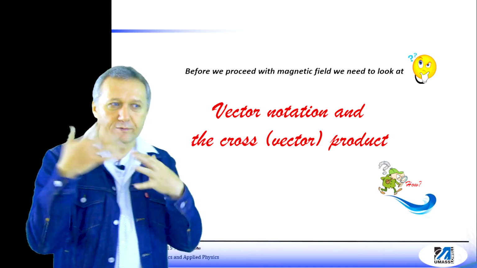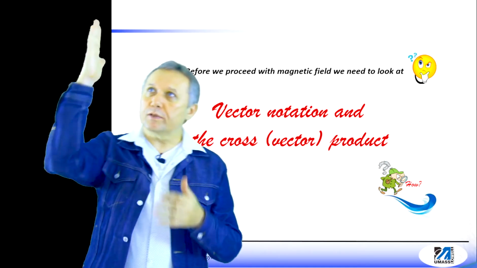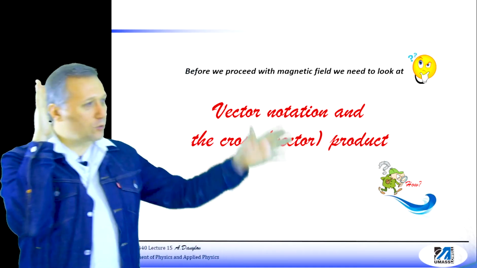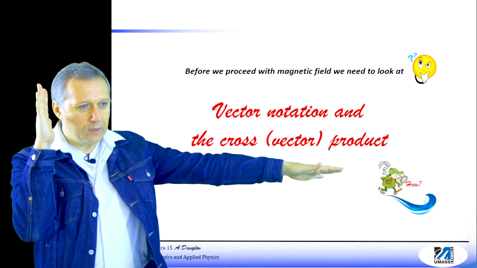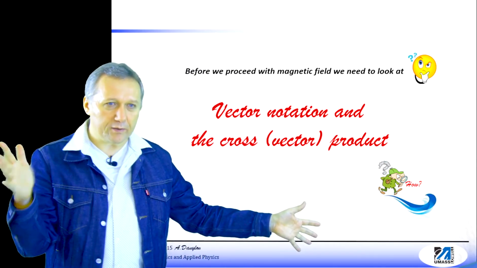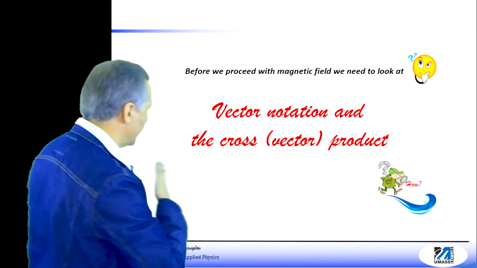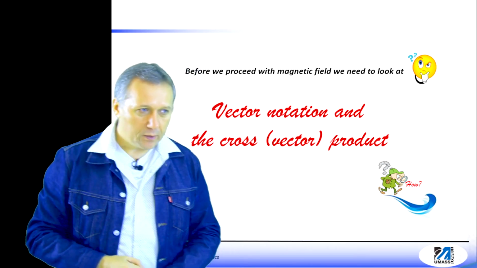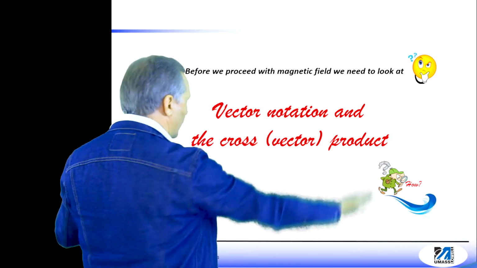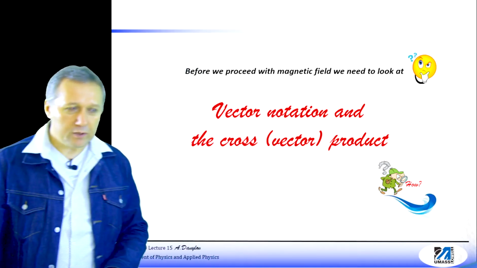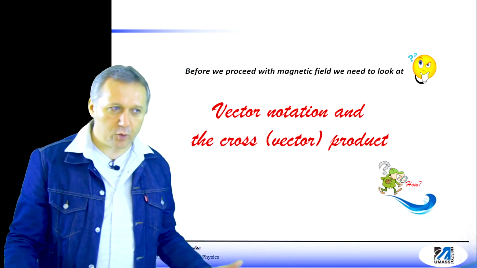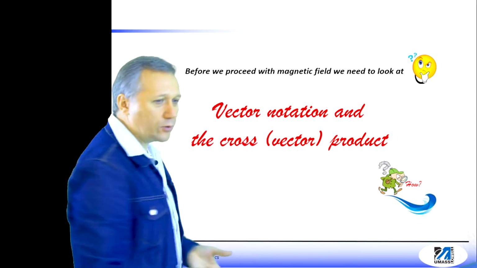For example, you're going to have three vectors. One is going to point, let's say, up. The other one is going to point that way. But there will be all the time a third vector, which is going to point either out towards you or in, away from you. Of course we have to draw all these situations all the time, either on a piece of paper, a two-dimensional object, or on a whiteboard, again a two-dimensional object.